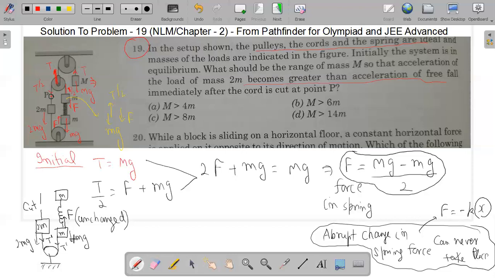If a force is acting in the downward direction in association with the force of gravity, then only the object can move with acceleration more than g. For this reason, the tension force T dash has to be positive. And if T dash is positive, it means the string is tight.